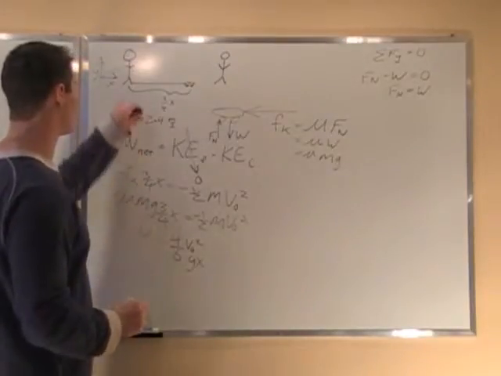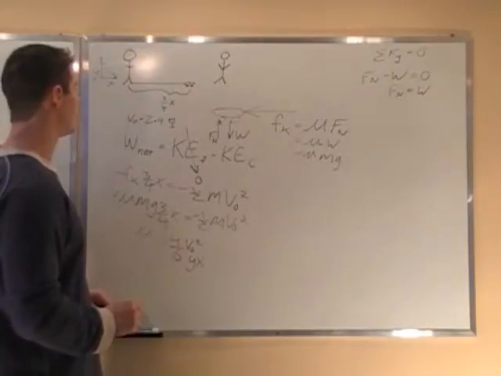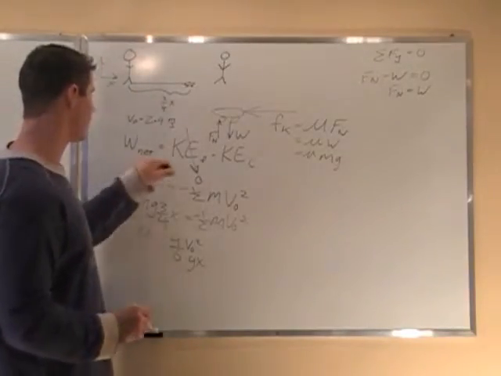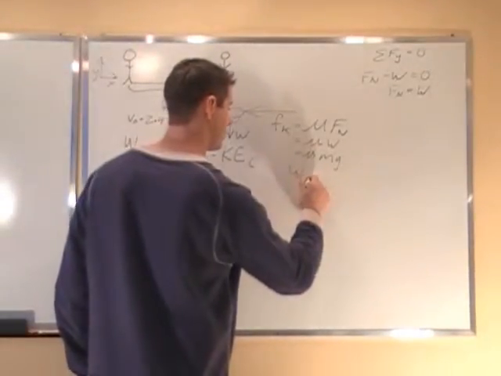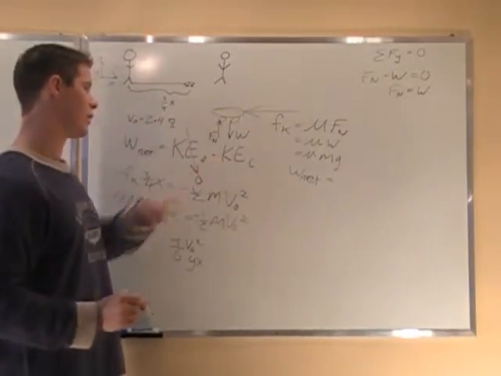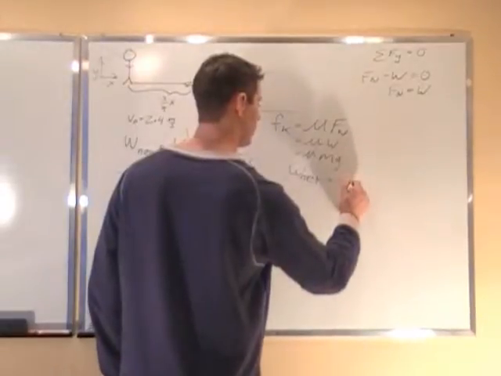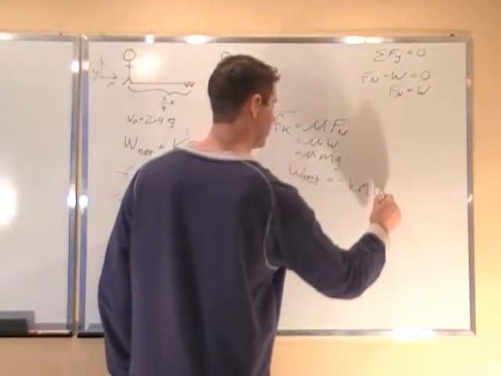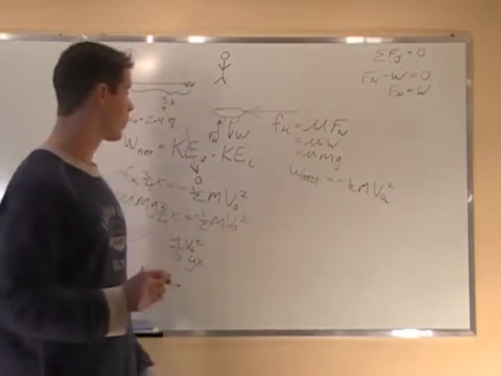Now we have to look at the total distance for the other one when we actually make it. We can do the same thing. Net work is this. The final kinetic energy is still 0. And the initial kinetic energy is negative 1/2 m v naught. We'll call it v naught 2 this time because it's a different initial velocity.